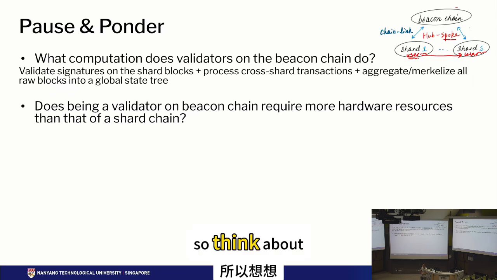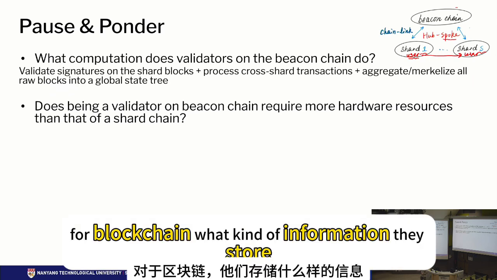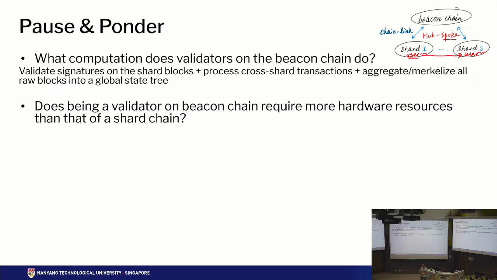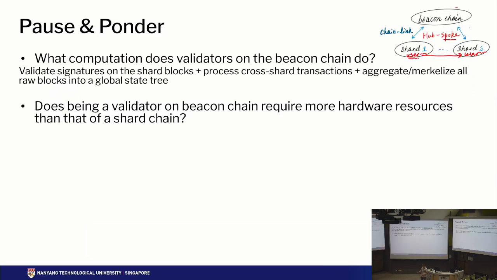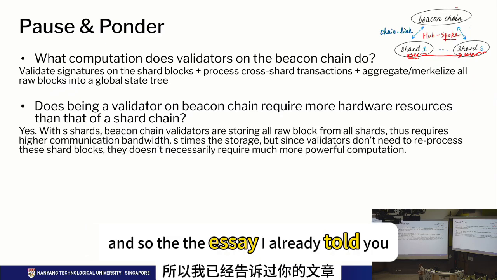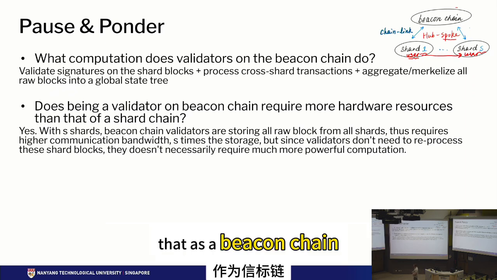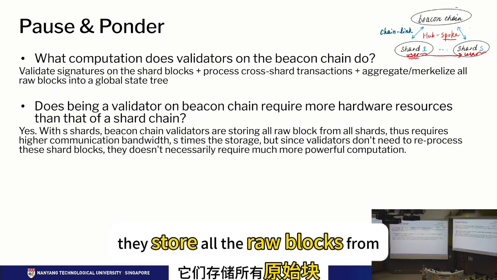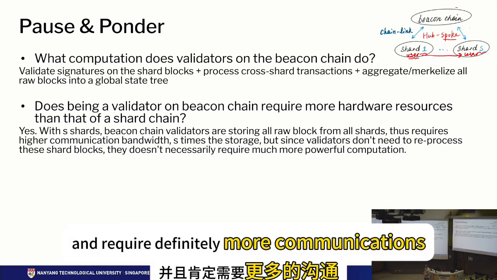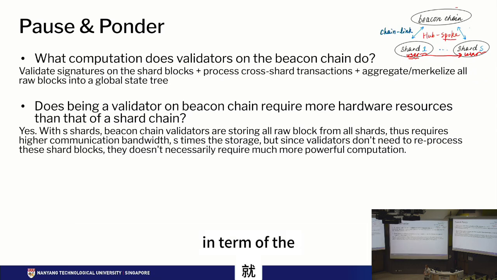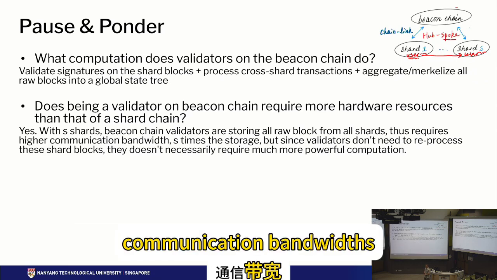Think about what kind of information a shard chain stores. The whole block, right? The beacon chain aggregates all the blocks. So as I told you, the beacon chain stores all the raw blocks from all the shards, and definitely requires more communication bandwidth.